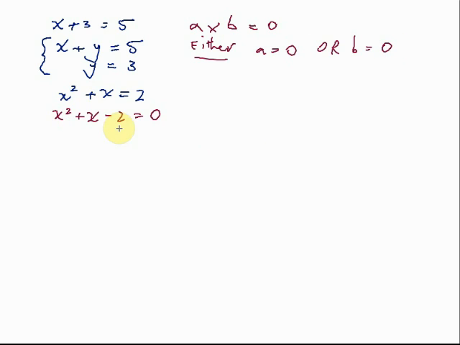So what we want to do is to find two numbers which multiplied together give us this number, x squared plus x minus 2, and then I will know that one of those numbers, much as up here, must equal 0.